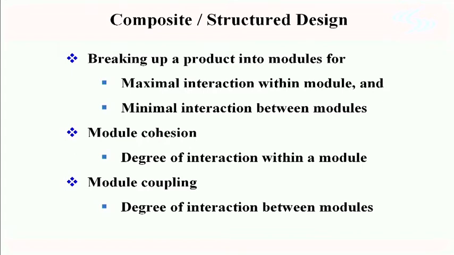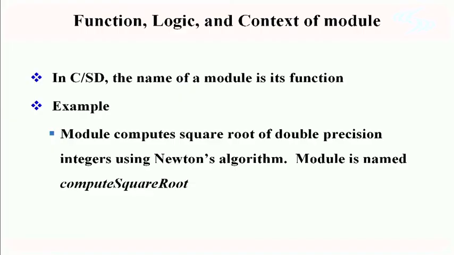So we get 2 more concepts. Module coherence means the degree of interaction within a module. And another concept is module coupling, which is the degree of interaction between modules. In structured design, a module is just a function.